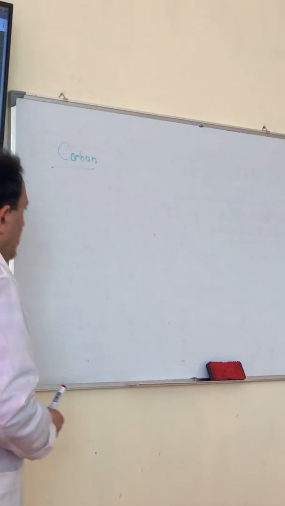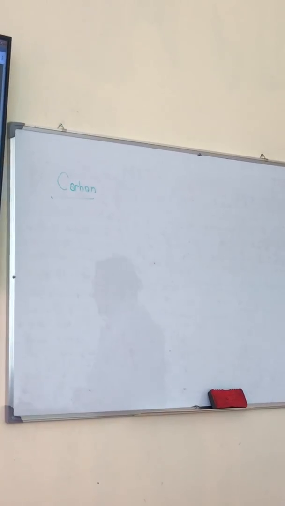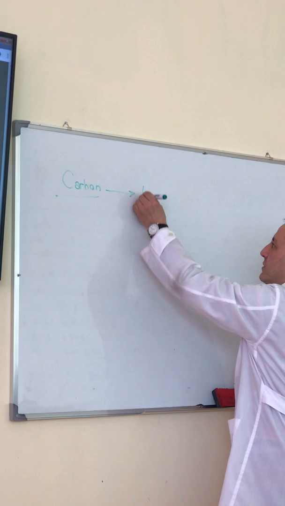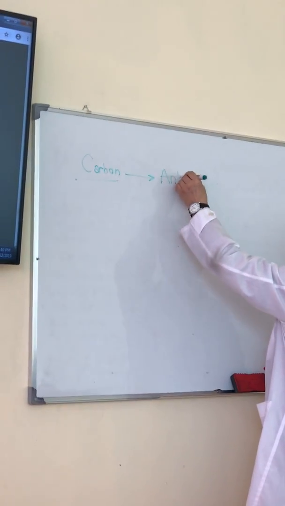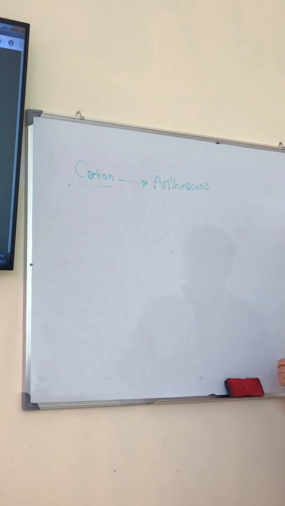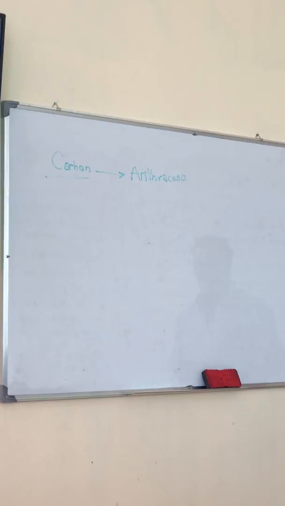A normal lung should have a pink-gray color, but in most of the people who live in cities, the lung has a brown-black color. This is due to carbon, and its accumulation in the lung is called anthracosis. Anthracosis means accumulation of carbon.